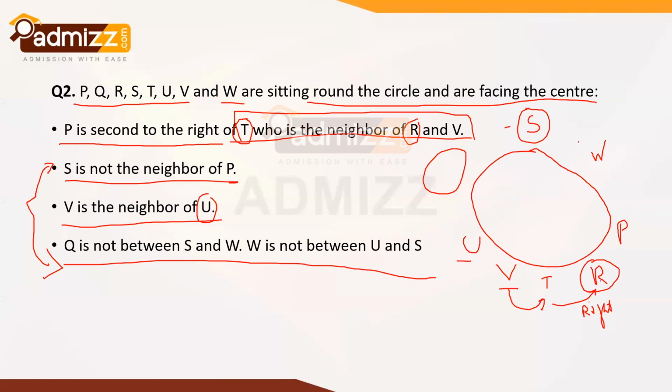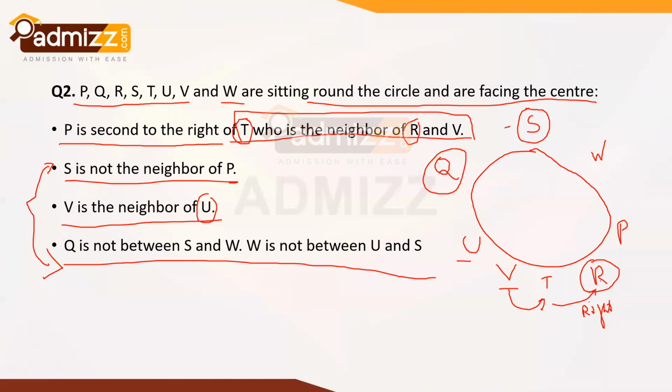So W must go between P and S. Now what we are also given, we are left with Q, right? So Q will lie right here between U and S, right? But the thing about this is, U and S, right? So W does not lie between them.